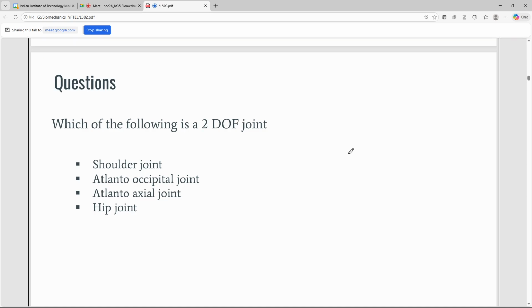So the first question: which of the following is a two degree of freedom joint? DOF stands for degree of freedom. Most of you might have heard this word.